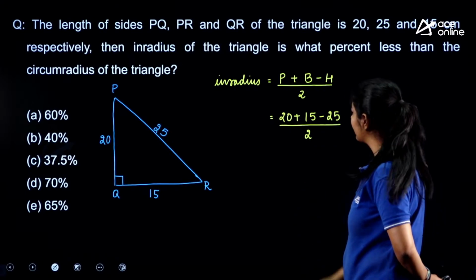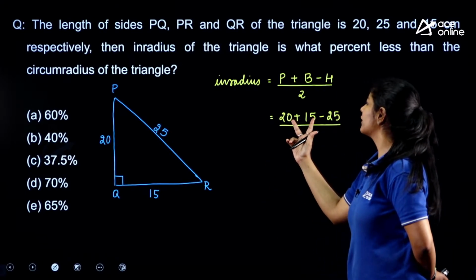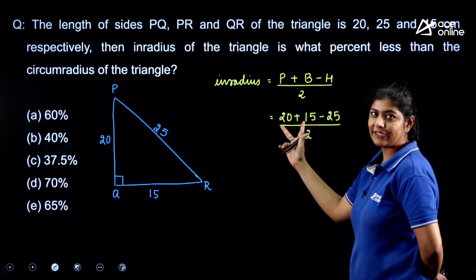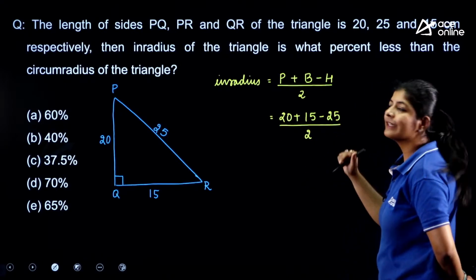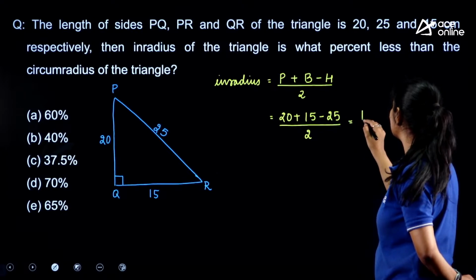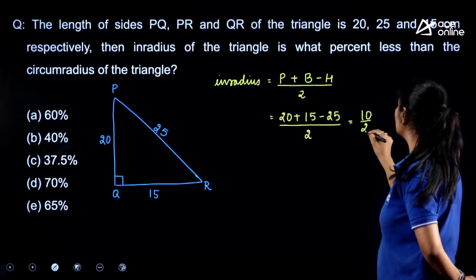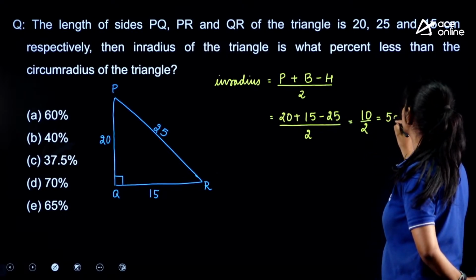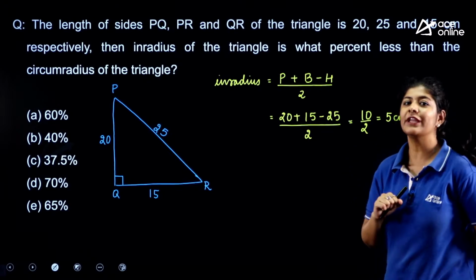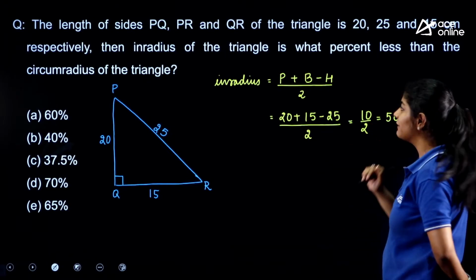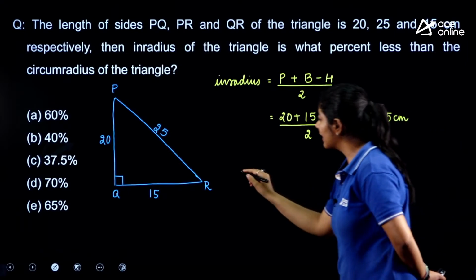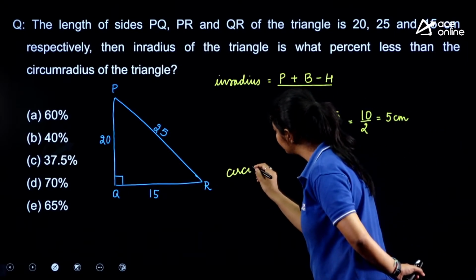Now if we add this particular value, what value are we getting? We are getting 35. 35 minus 25, that means we are getting 10. 10 by 2 is nothing but 5 centimeters. So the value of the inradius we are having is 5 centimeters. Now it is time to calculate the circumradius.